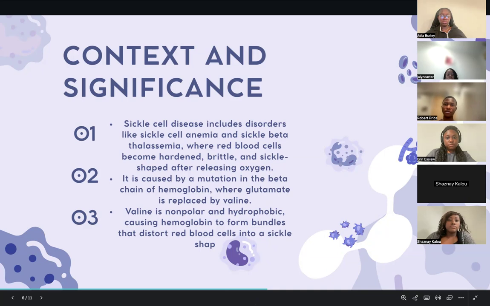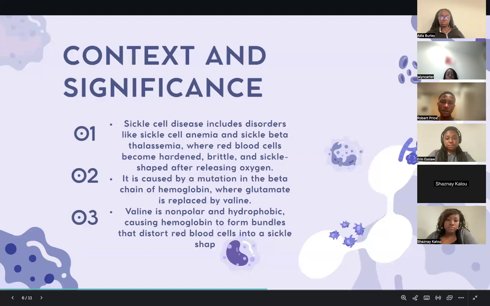For the context and significance of our study, we said that sickle cell disease is a family of blood disorders, including sickle beta thalassemia and sickle cell anemia. A preponderance of red blood cells become hardened and brittle and sickle shaped when they release oxygen.